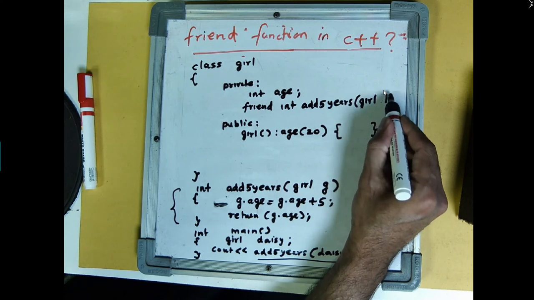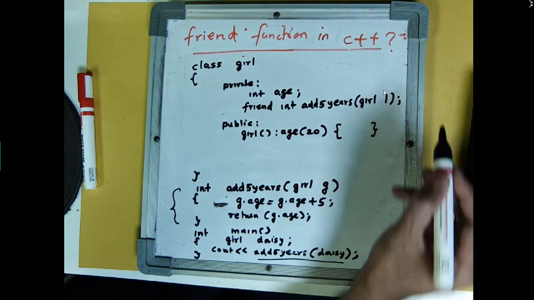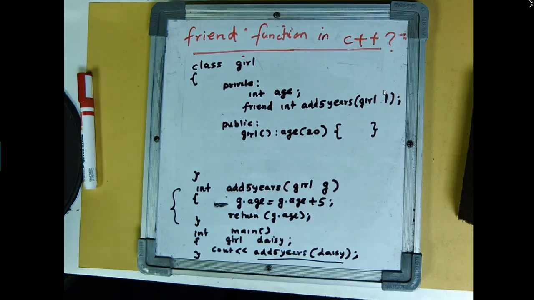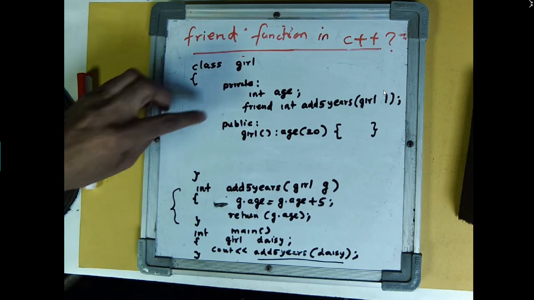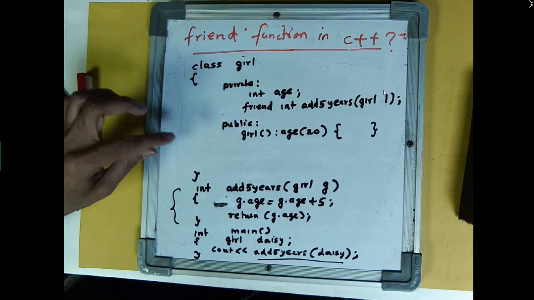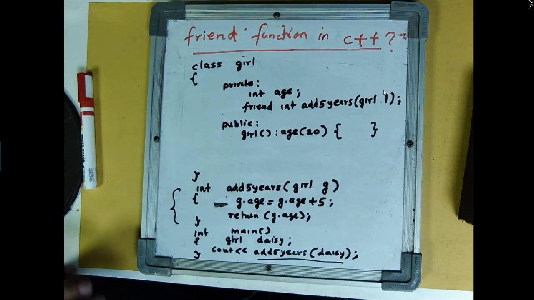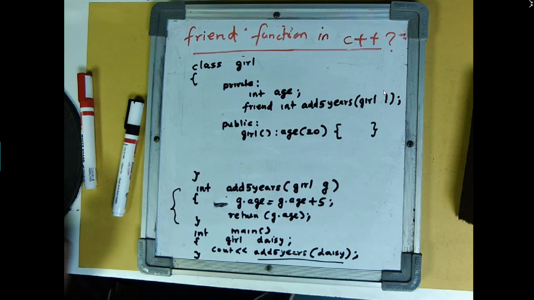So this is a function which you have created extra, and you have made it friendly with this class, and now it is going to work properly. Now let us practically see this in a C++ program.